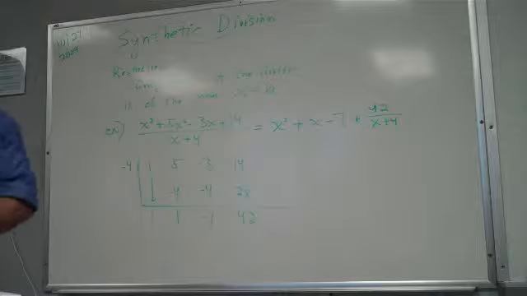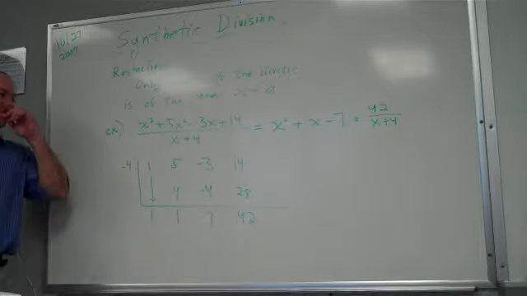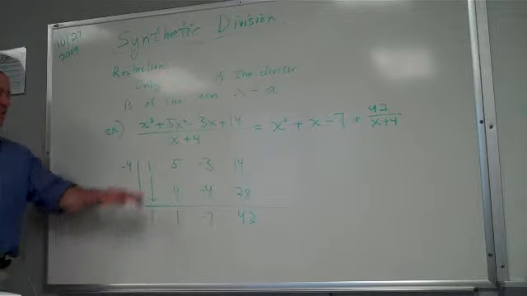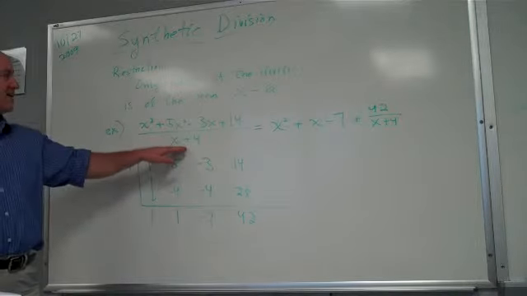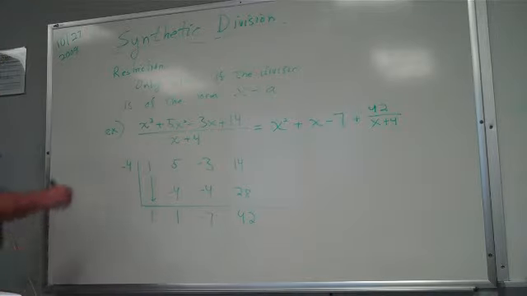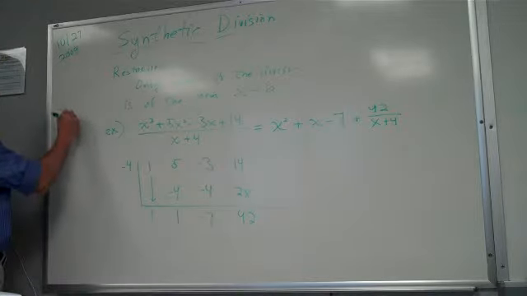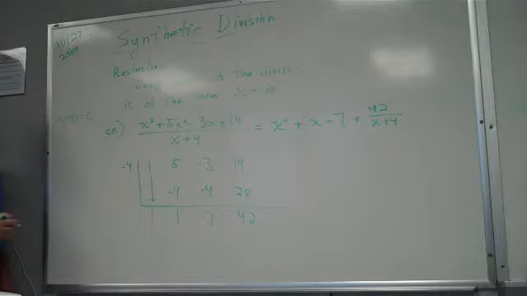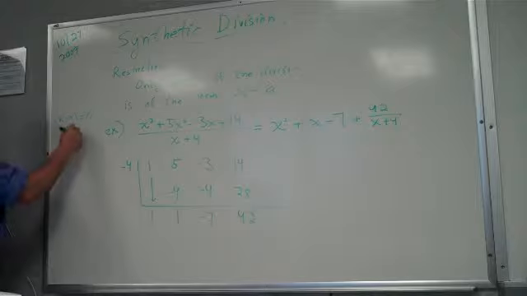Why is it negative 4 and not 4? Because it's x plus 4, not x minus 4. Correct. All I can tell you for that is it's a little bit like when you have x plus 4 as a factor, what is your 0? If I have x plus 4 equals 0, what does x wind up equaling? Minus 4.